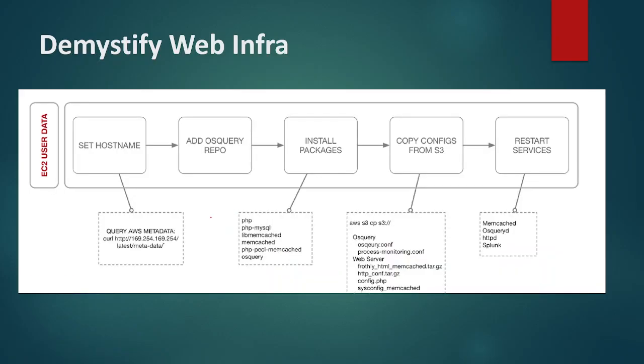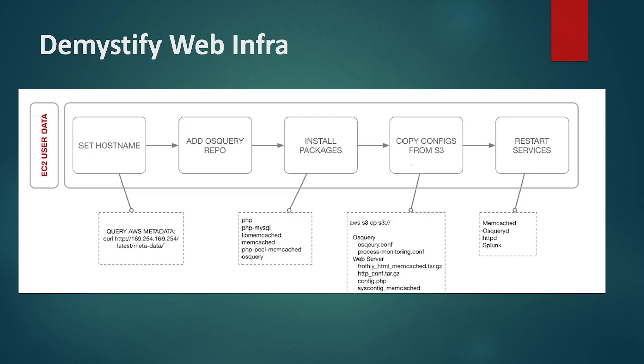I would just like to mention once again, when you provision EC2 instances manually or automatically via auto scaling groups, you have one field which is known as EC2 user data. For example, you can install some of the packages while provisioning that particular EC2 instance.